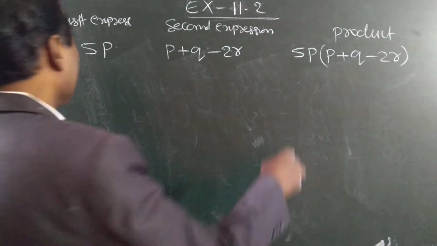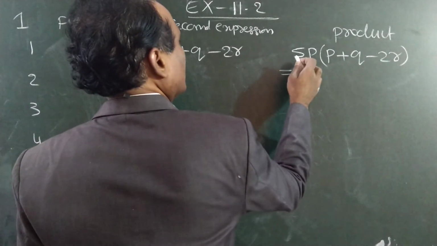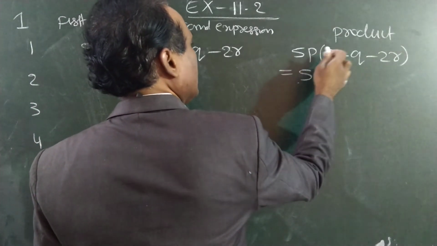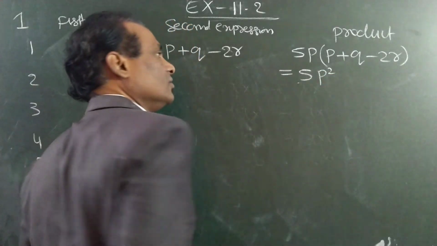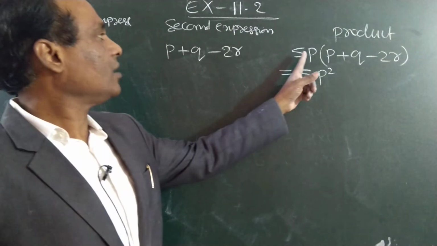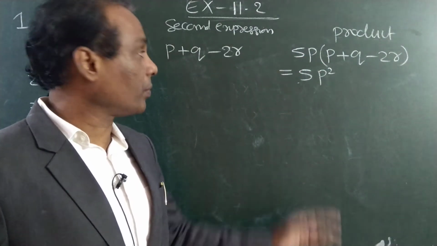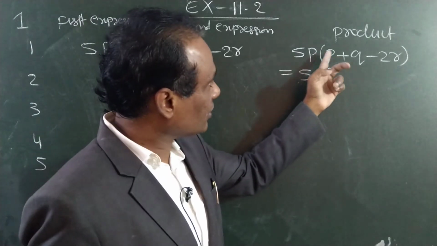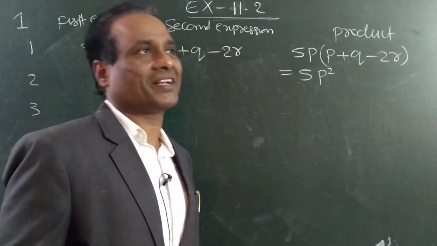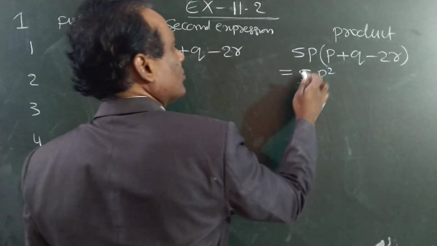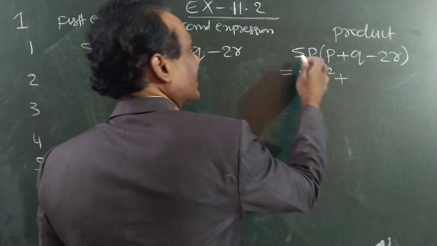I will write the direct step. 5p into p is 5p square. Distributive property: multiply 5p with all of this and this and this.